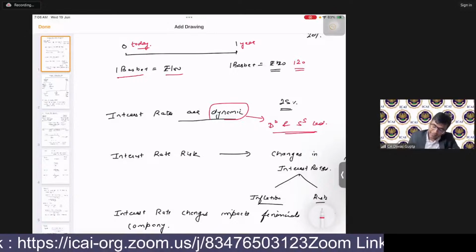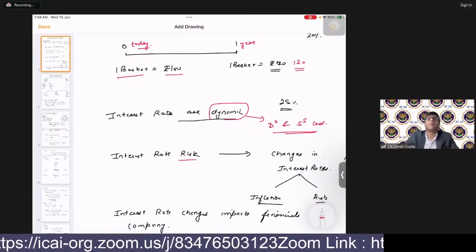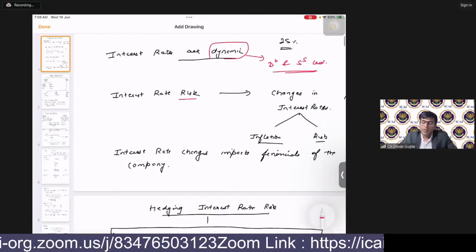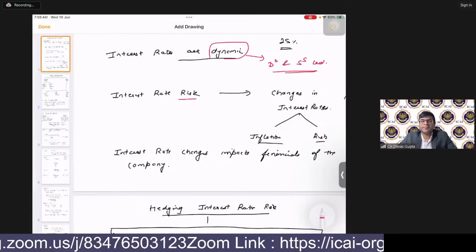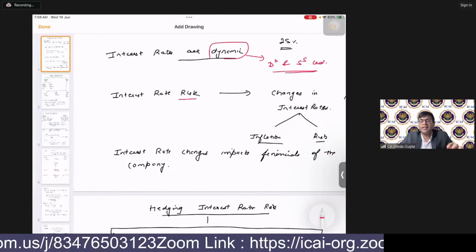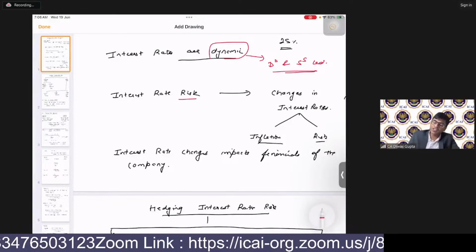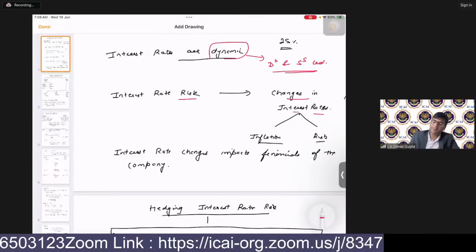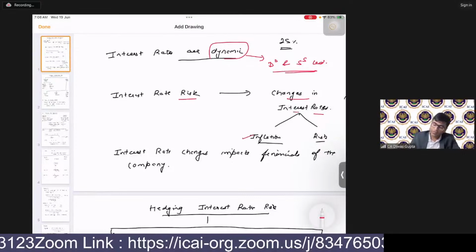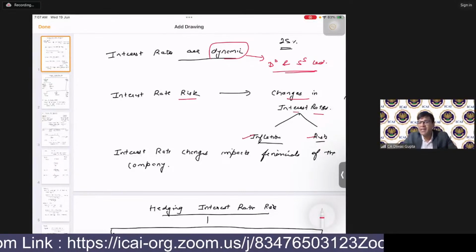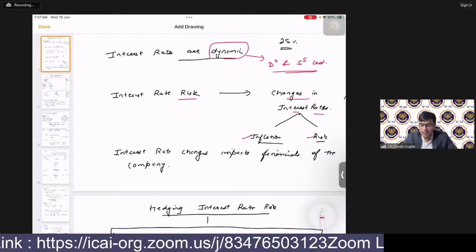So that is where interest rate risk comes into play. The risk is arising because of changes in interest rates, which happen on account of inflation and risk, because interest rate is primarily paid for inflation and risk.